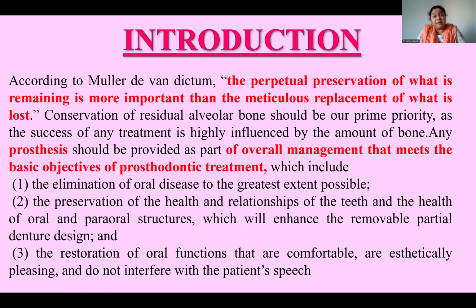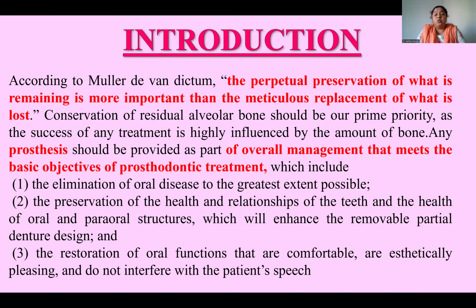Just because you have to replace a tooth doesn't mean you cause any harm to the abutment tooth or the teeth which are present. If the patient has come with a very healthy tooth and we give more forces on the abutment, it leads to another set of problems, and then we are wrong there. So it's very important to understand classification and how we go on with treatment planning and designing of removable partial denture.